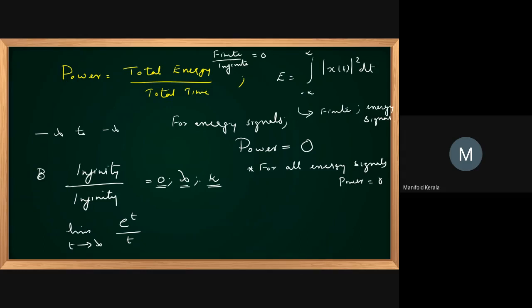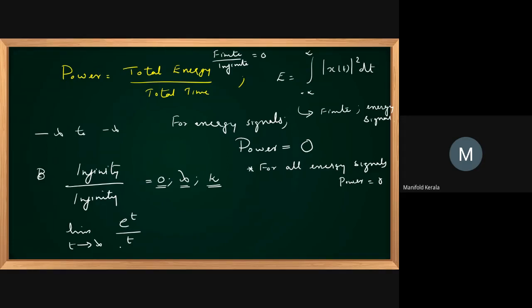Under which class will this particular problem fall? Can someone tell me? What determines the answer for this is, numerator is going to infinity, denominator is also going to infinity.